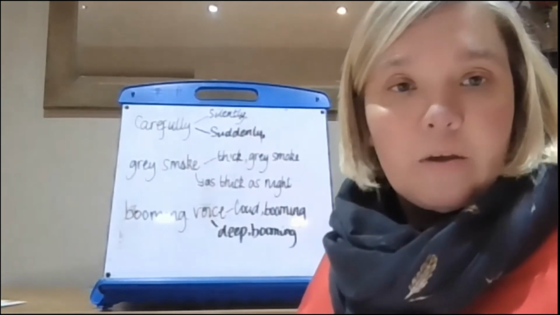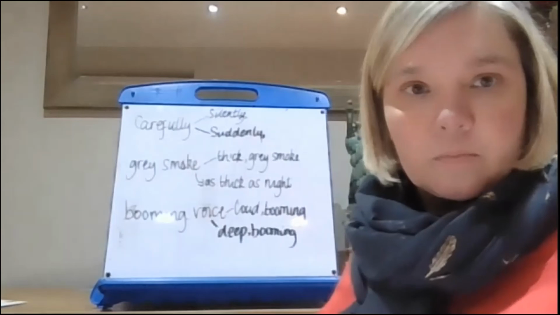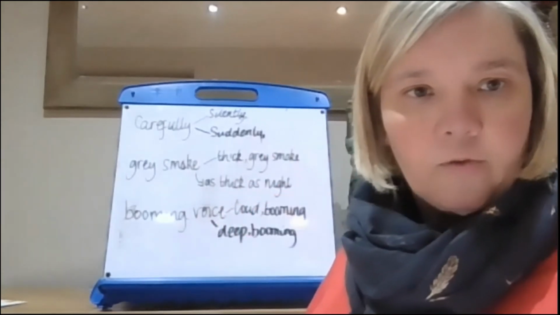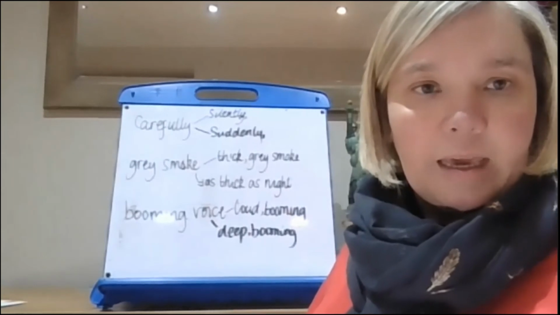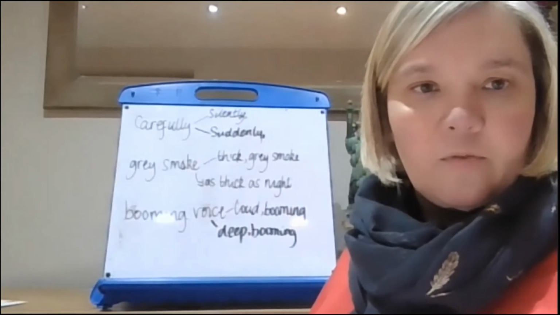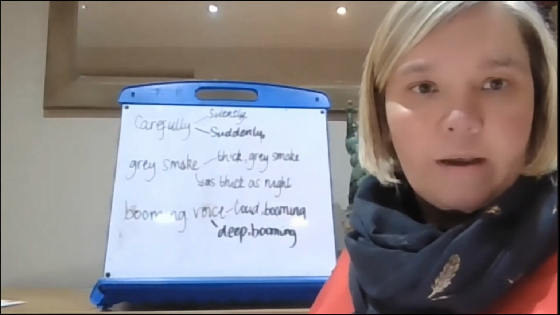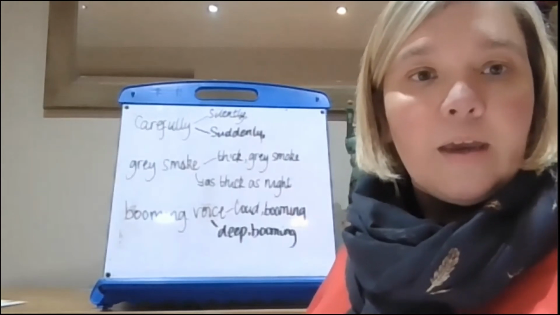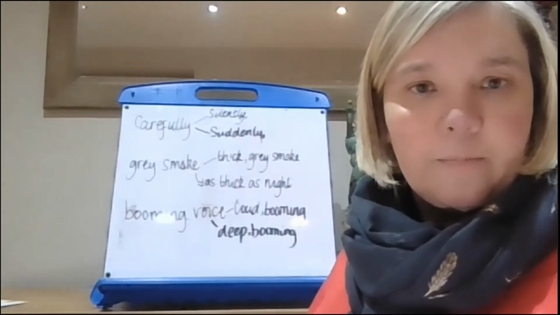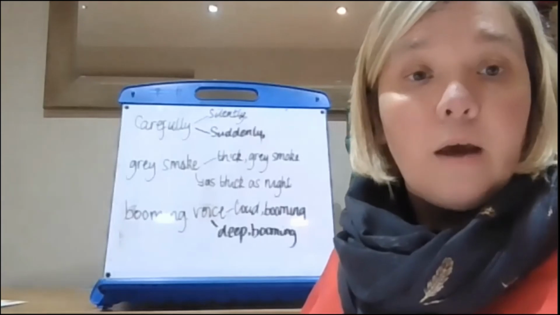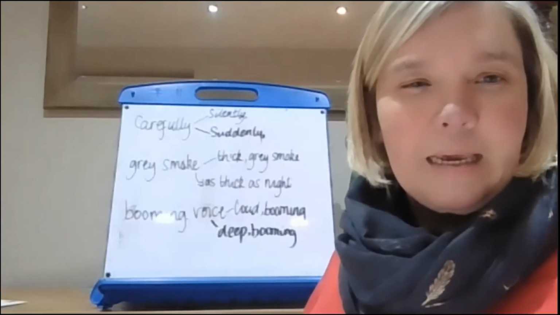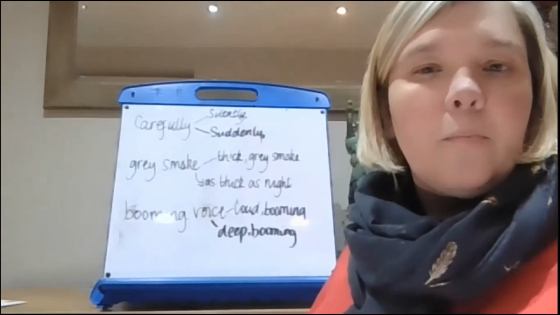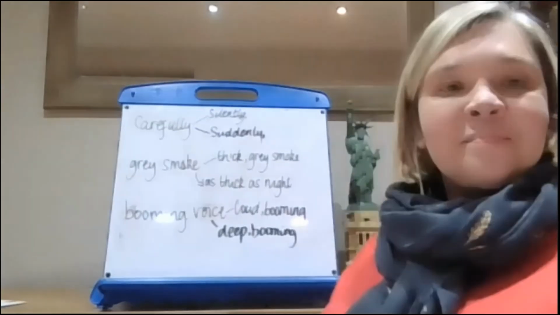So what I want you to do is pause the video here and start picking out those double adjectives and really start thinking about how we can make this piece of work even more interesting. So for the moment, we're looking at double adjectives, and you're going to go through and up-level your work to make double adjectives and make it even more interesting. So pause your video here.